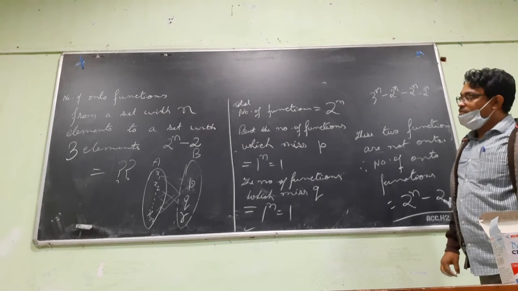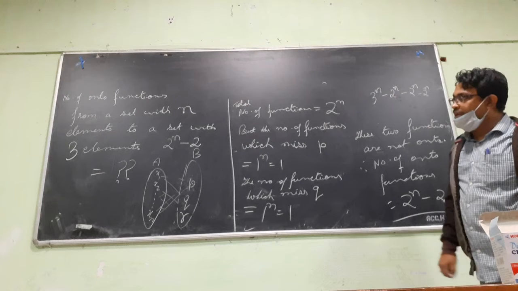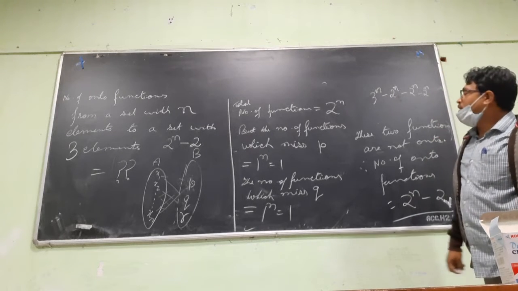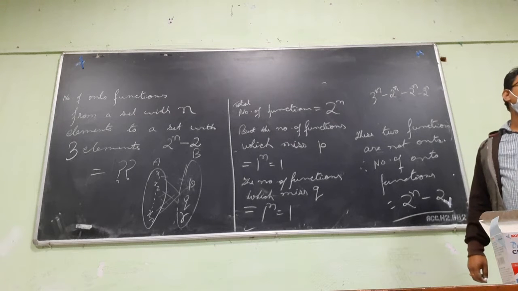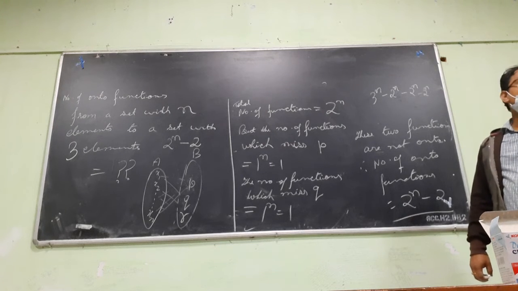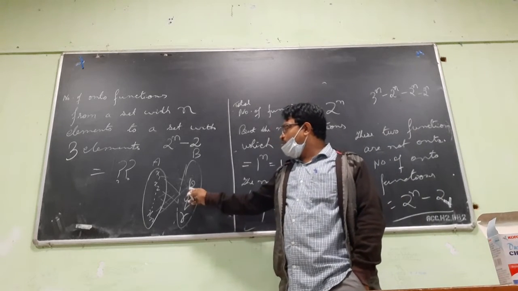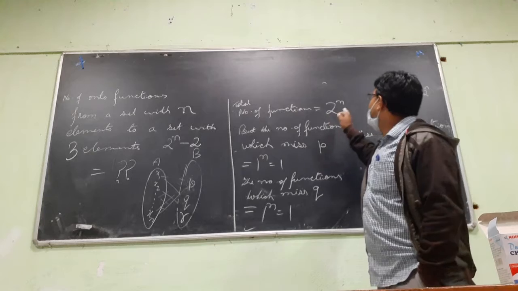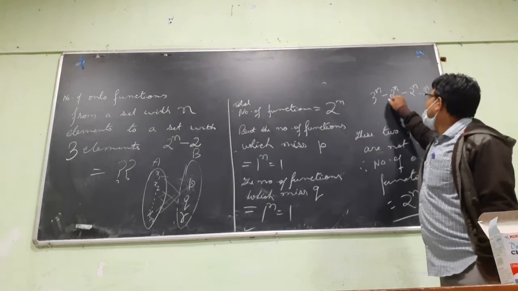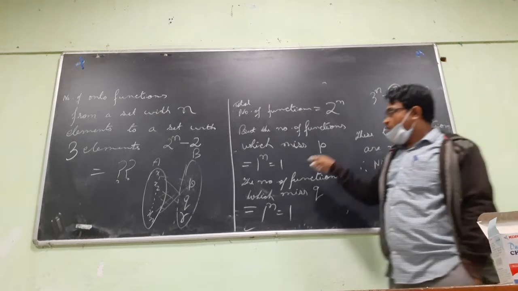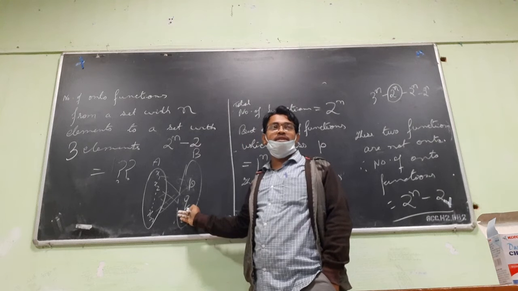The number of functions going only to p, so will that be subtracted or added? Whether I have counted those functions here or not is what we will think. Here when I say 2 to the power n, I have counted those functions which do not go to r.